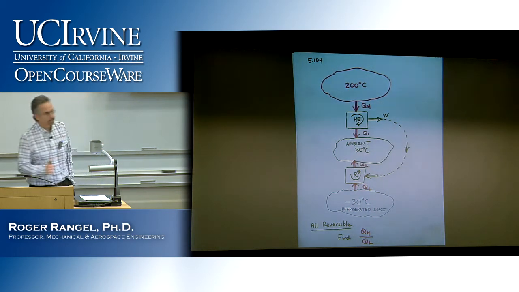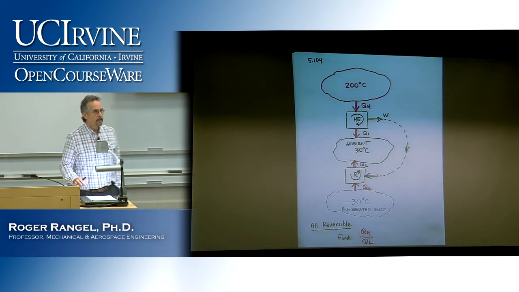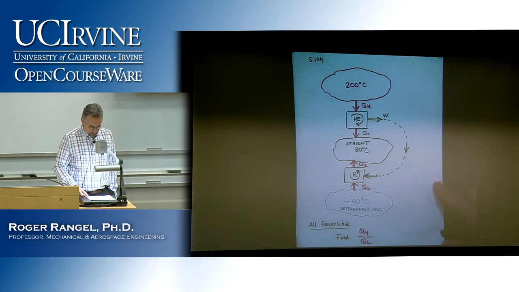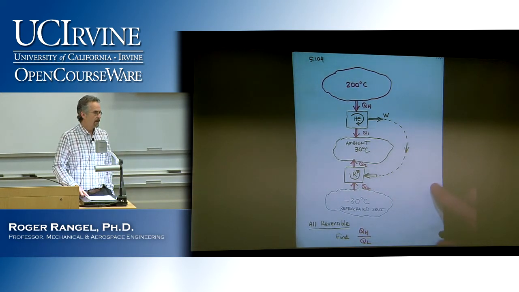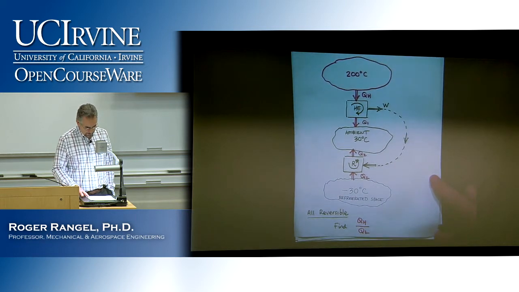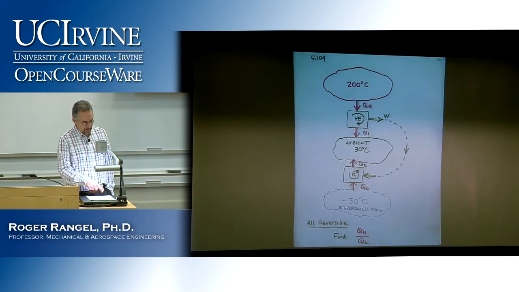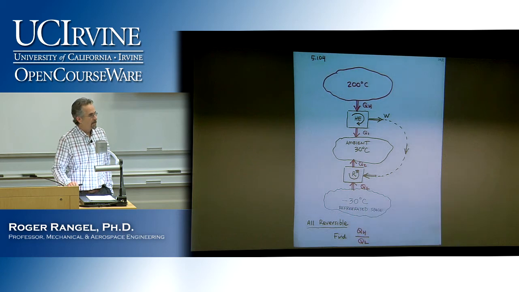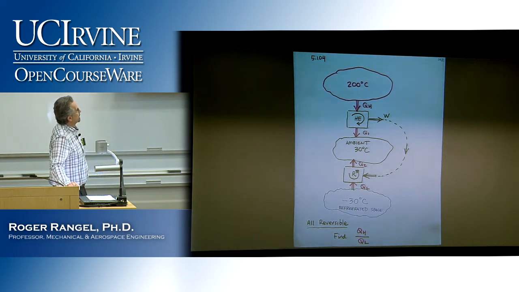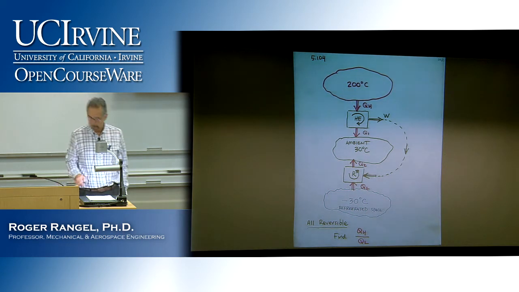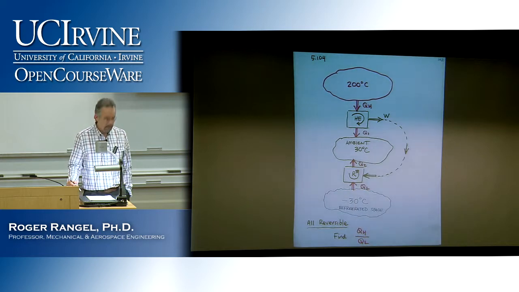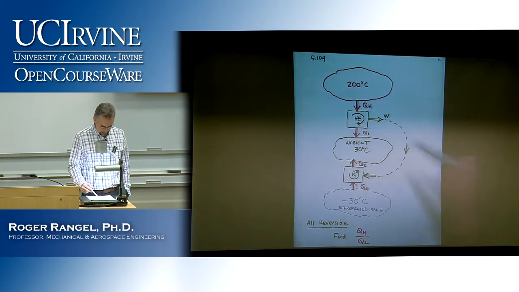All right? So that's the device or the combination of devices that we're dealing with. And what we're told is that to make our life easier, we're going to think of all of these devices, all of these processes, as reversible. So it's an ideal situation. Everything is reversible. Everything is Carnot.